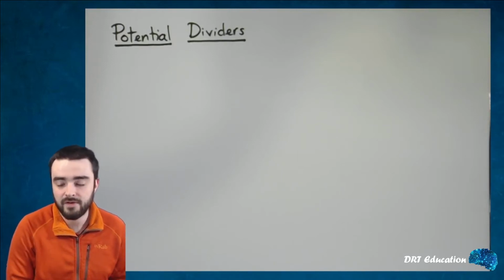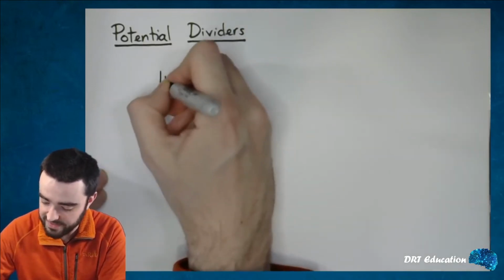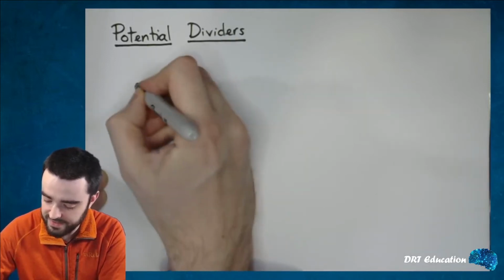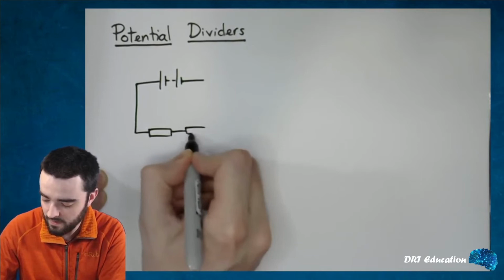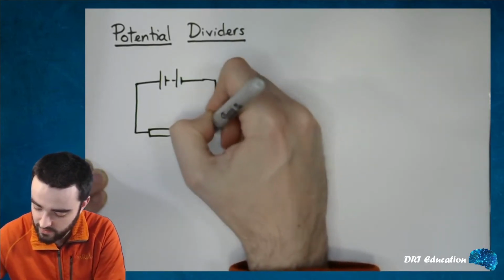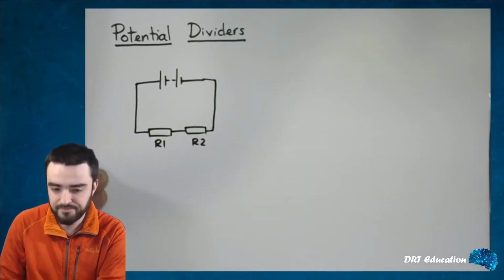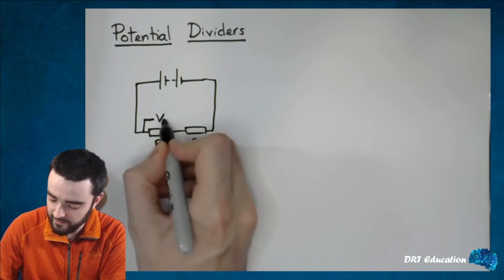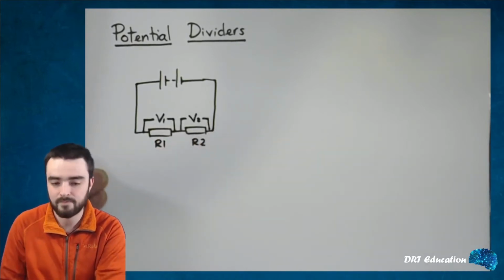So if we start off with in series, if we draw a very basic circuit, we'll give ourselves a battery, and within the circuit we'll place two resistors, and we will call these R1 and R2. If we measured the voltages across these, we could call them V1 and V2.